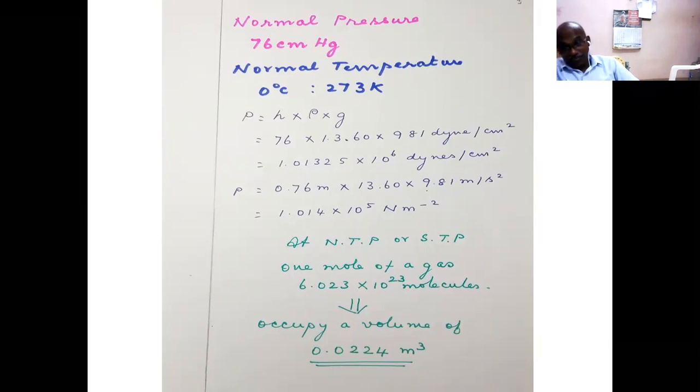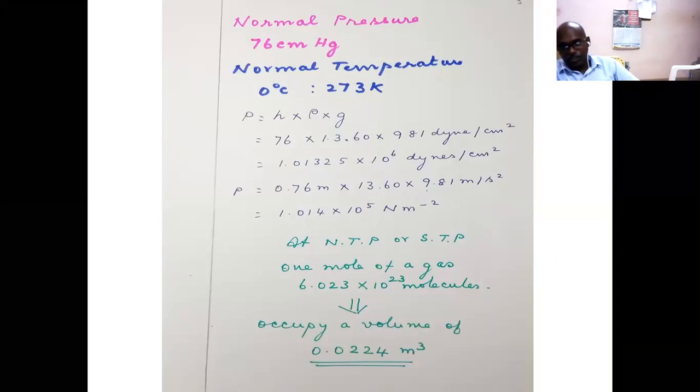The pressure exerted by the mercury column is height 76 centimeter, rho density 13.60, g acceleration due to gravity, which is 981 centimeter per second square. When you multiply all these factors, you get 1.0135325 into 10 power 6 dynes per centimeter square. That is the unit of pressure.